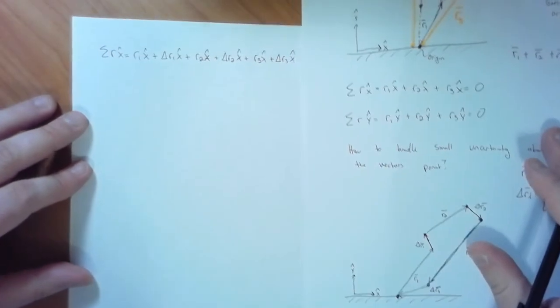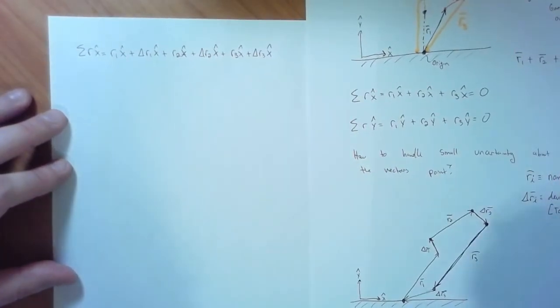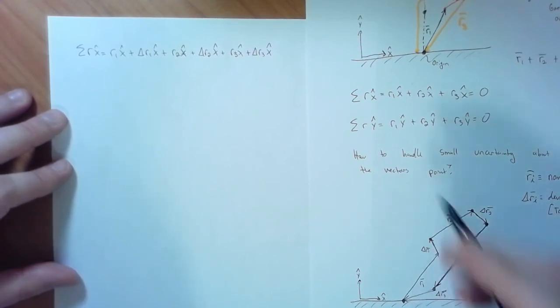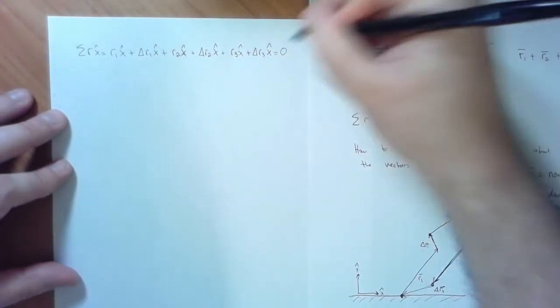And just like before, those guys, when I sum them up, get me back to the origin, and so the sum of these guys is equal to 0.